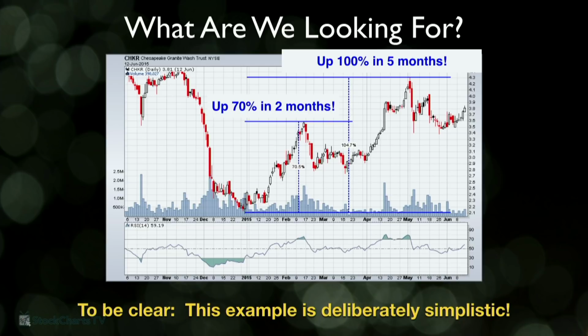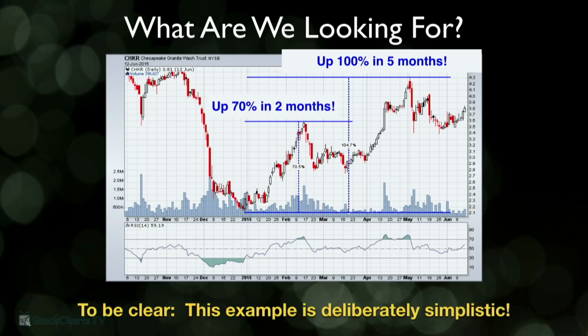And you would have had to know to get out there in May, because if you expanded this chart further, you would see that the stock moved lower, in fact, much lower after this period of time. But again, a technical investor is looking for situations where a stock is going to go up. They'll ride that until that particular move becomes weaker, and then they will look to get out. And so these are the kind of moves that a technical investor is looking for and hopefully can ride.